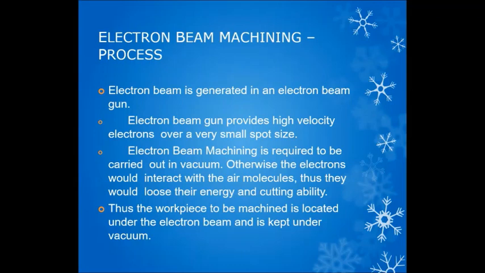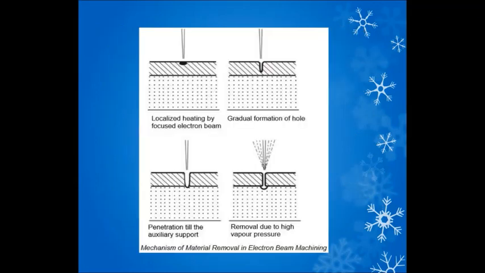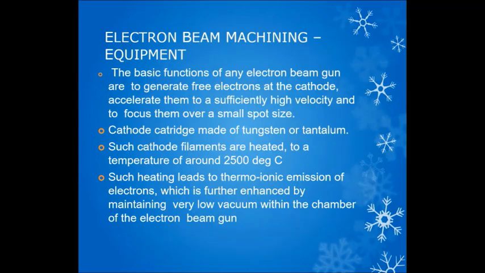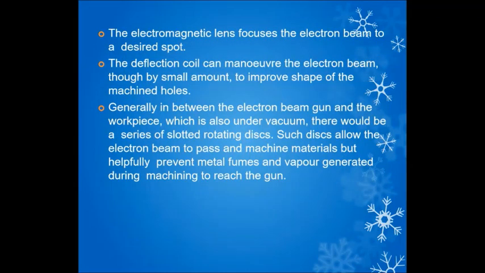Due to the high power density, metal is removed instantly from the job, and penetration takes place in the electron beam machining operation. The electromagnetic lens focuses the electron beam on the desired spot, the place where we have to do the operation.